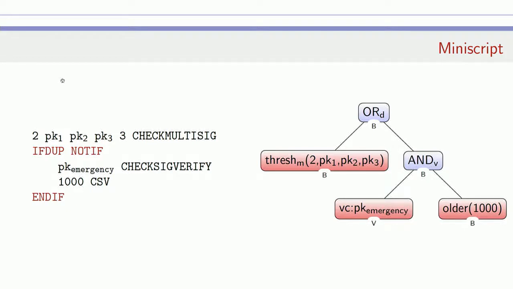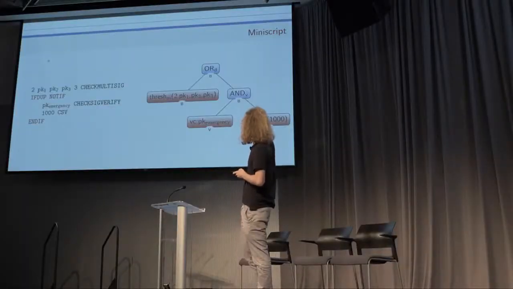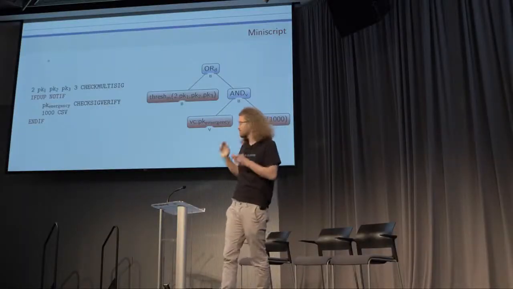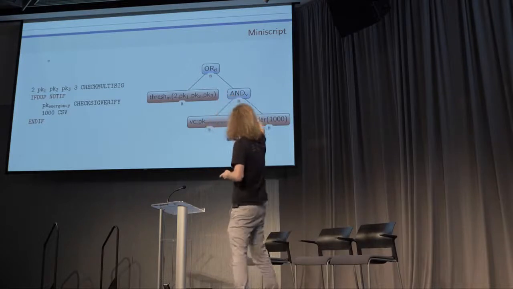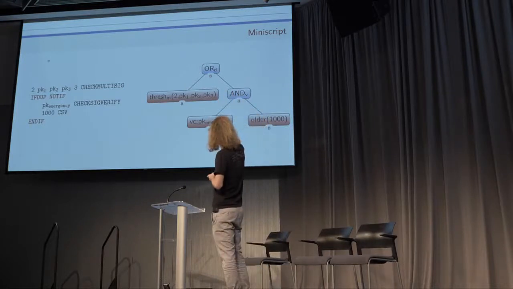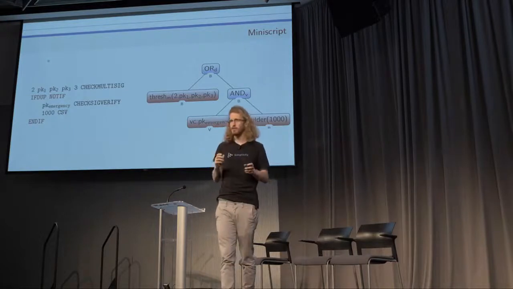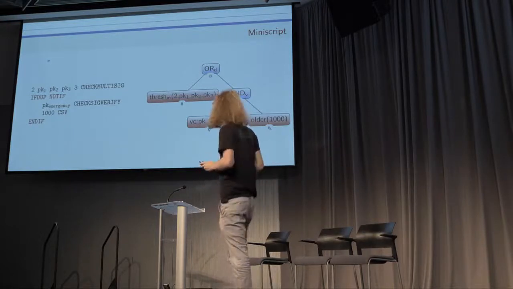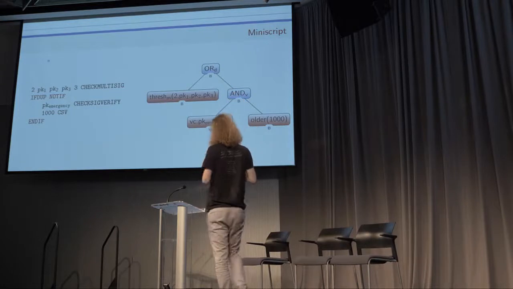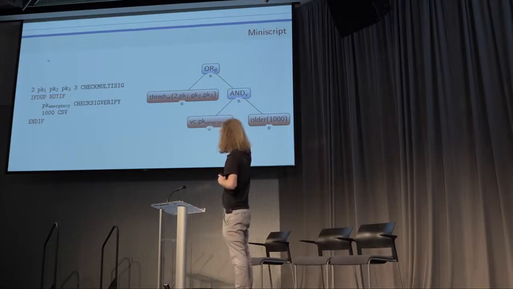You can see there's some noise there, right? You've got these little subscripts like B's and V's and stuff. You've got like or sub D. What is that sub D? And then you've got these things with colons in there. All that noise basically represents how this is encoded in script. But none of the noise matters semantically.